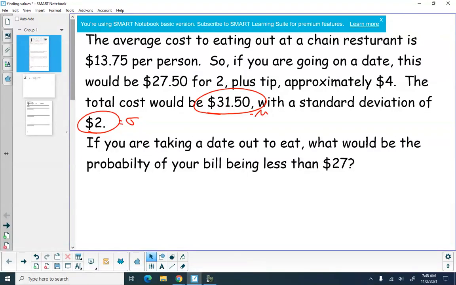Once again, for your Z value, make sure that you round to the nearest hundredth, 2 decimal places.